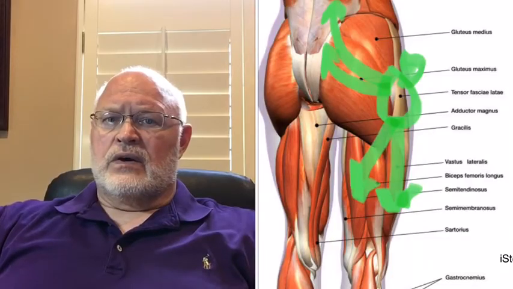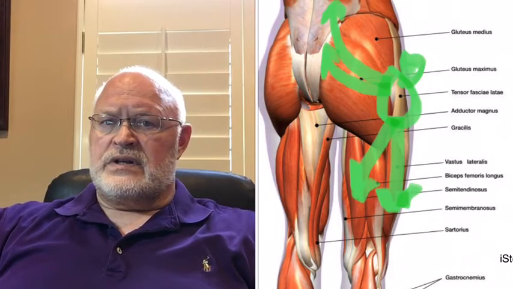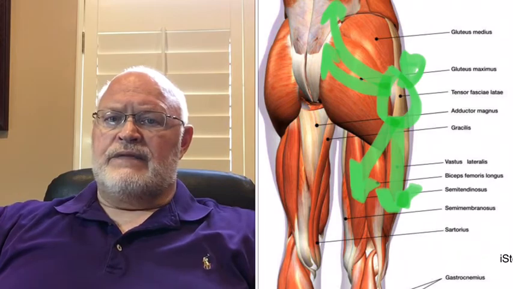If it's more superficial, right around the outer part of that hip where it's very tender to touch and it hurts a lot when you move it, a lot of times that's a bursitis or a tendinosis type of problem. If it's deep inside the hip and it hurts with weight bearing, and as soon as you get off of it, the pain goes away, sometimes that's an arthritic condition.